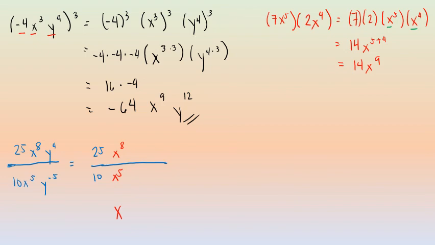So 8 minus 5, that is 3. Okay? Then we also have y to the fourth, then y to the negative 5.